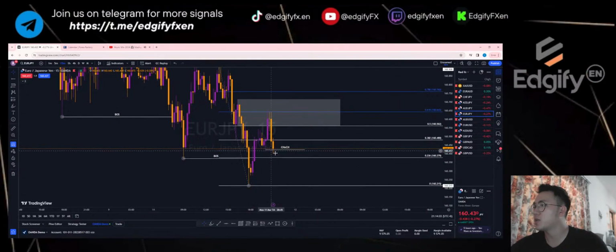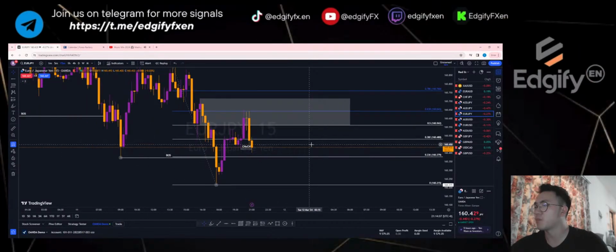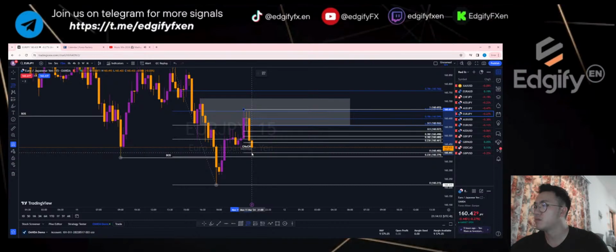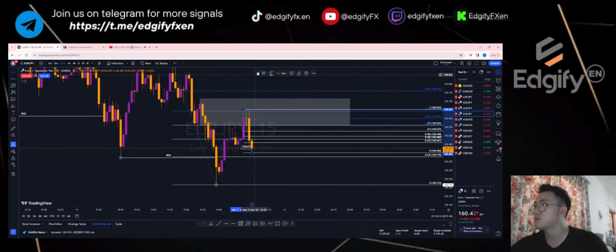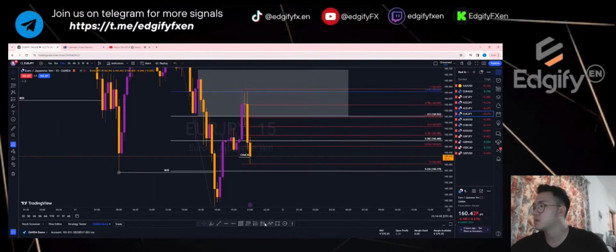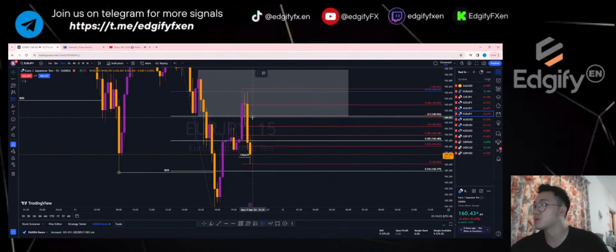Looking at EUR/JPY, we have this break here, but this is something where we might not get a very good risk to reward ratio. Let me check to see how it is.